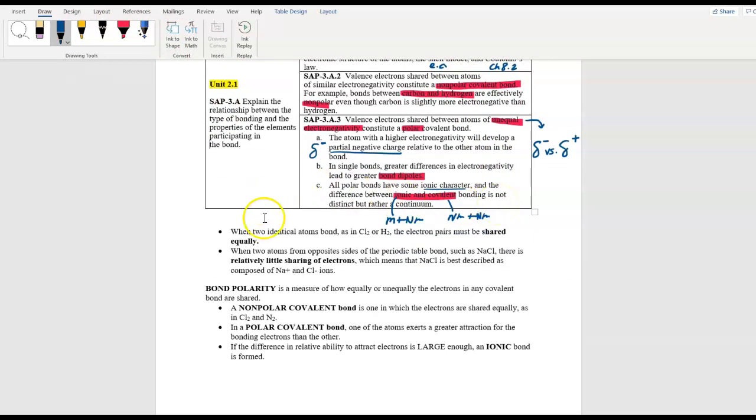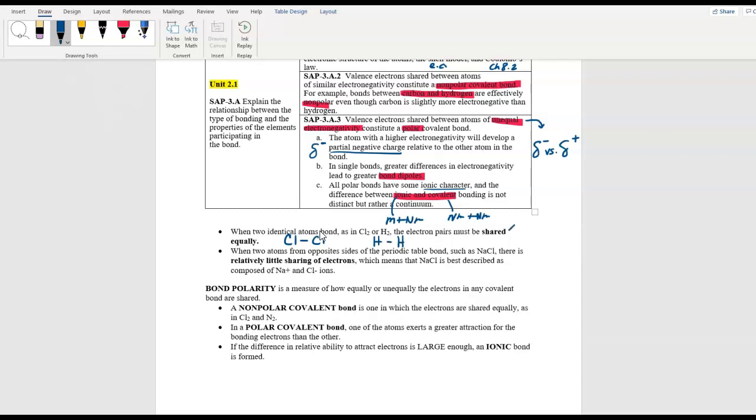I'm going to give you first some definitions and some info. When you have two identical atoms, such as Cl2 and H2, these diatomics, when they bond together, the electron pair must be shared equally.